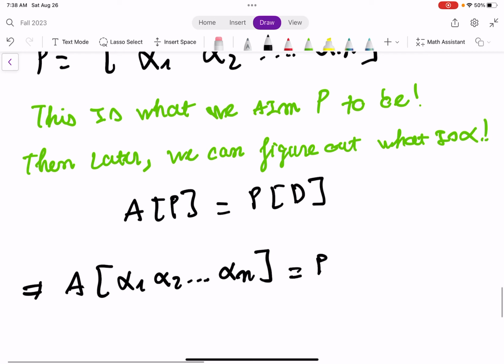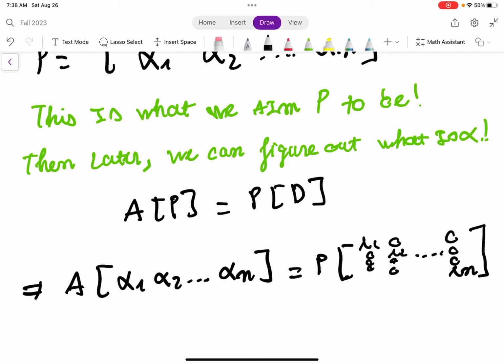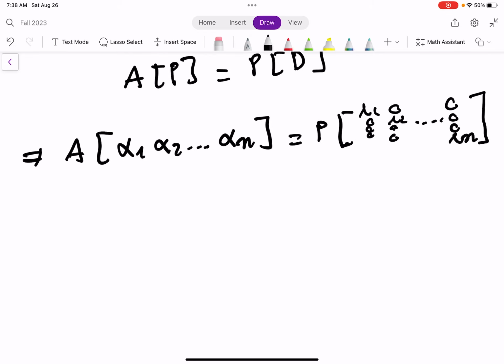And for D, I can write lambda 1, 0, 0; 0, lambda 2, 0; 0, 0, lambda n. So for D, I'm basically substituting the definition and assumption we made previously. Now I'm gonna go ahead and expand these, but that will be a topic for the next video.